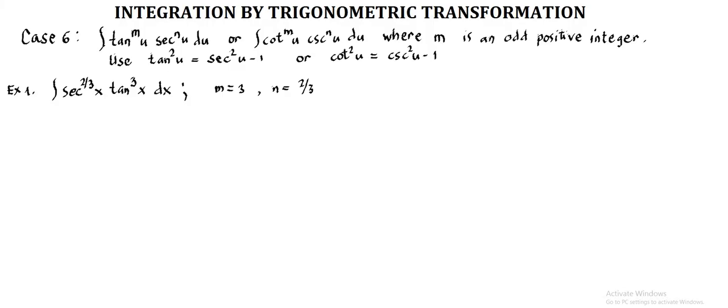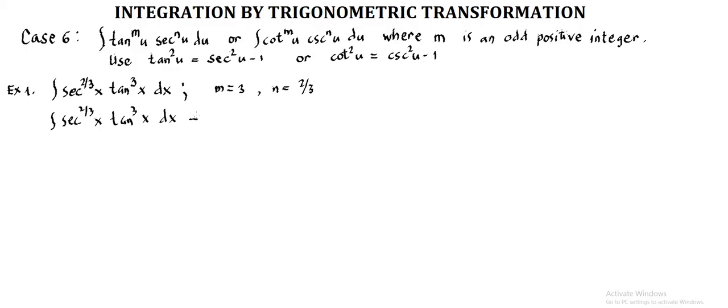Gagamit tayo ng transformation na tangent squared u equals secant squared u minus 1. So, meron tayong integral of secant raised to 2/3 of x, and then tangent cubed of x dx. Ang hint sa case na ito, kinakailangan nating mag-factor out ng isang secant x at saka ng isang tangent x para sa example na ito.